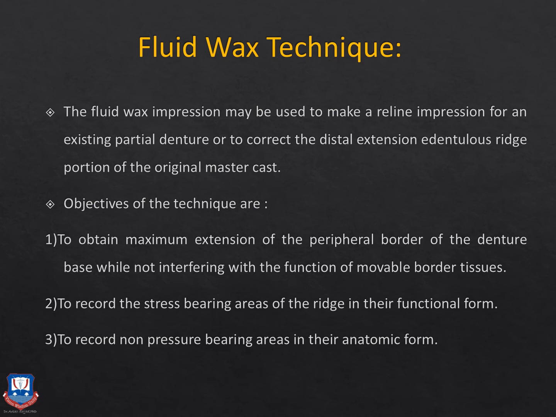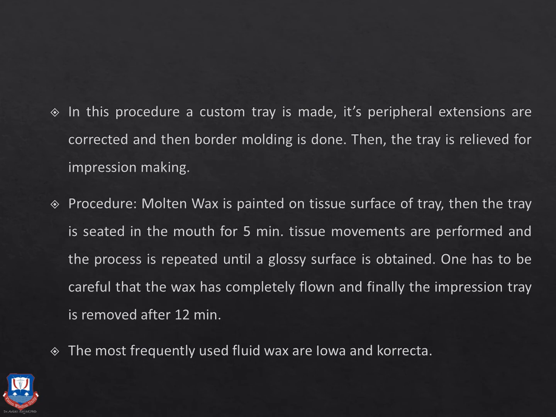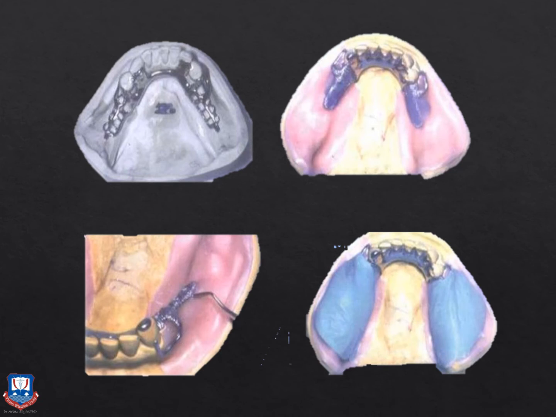And then an impression is made with mouth temperature wax such as Iowa wax number 4, Iowa wax from the University of Iowa, and Korecta wax from the University of Michigan. The wax is added to the record base, and the impression is made.